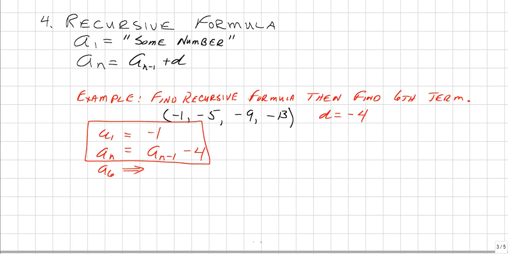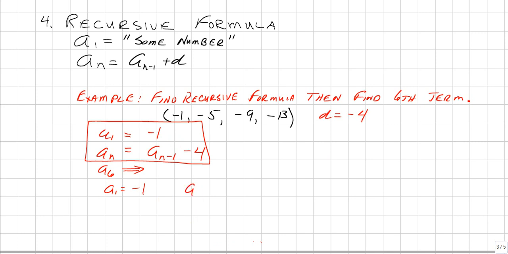And now if I needed to use the recursive formula to find a particular term number, and I'm not going to do 52 terms, but I'm going to get the 6th term, I need to list them all out. So here's what I'd have to do. The starting point, a_1 is negative 1.